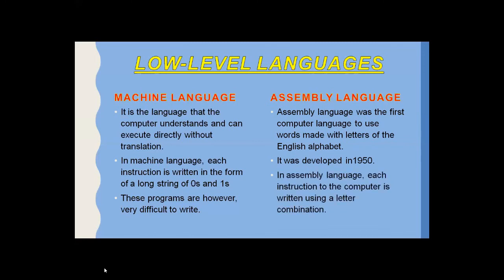Assembly language was developed in 1950. In assembly language, each instruction to the computer is written using a letter combination. In assembly language, we use letters of the English alphabet, but in machine language, we use zeros and ones.